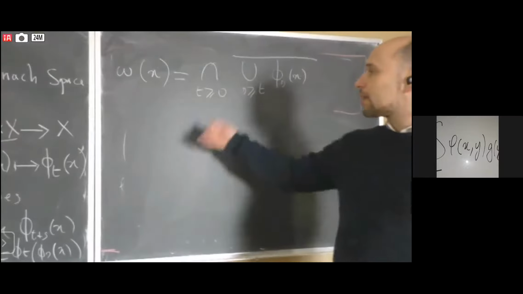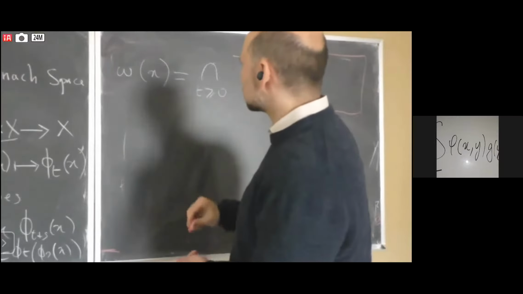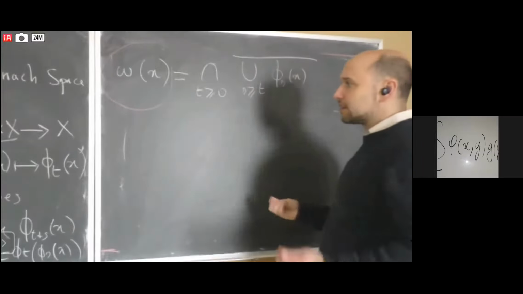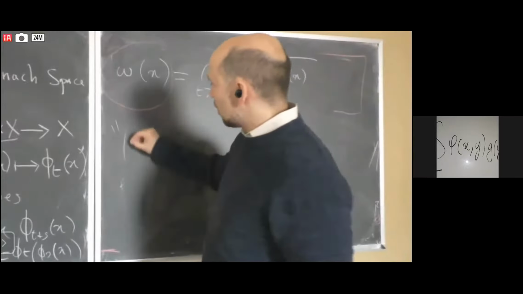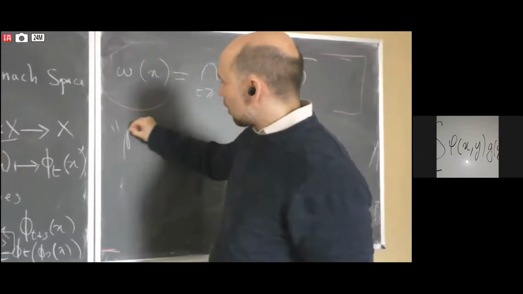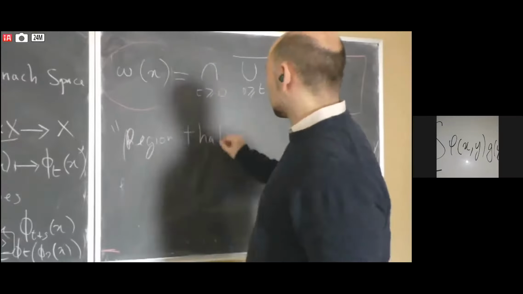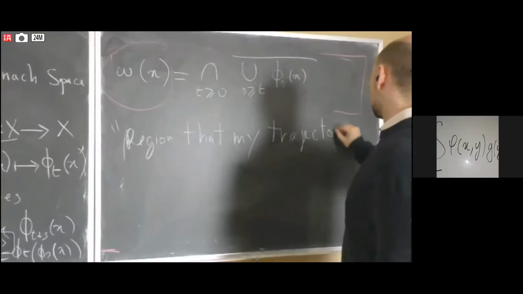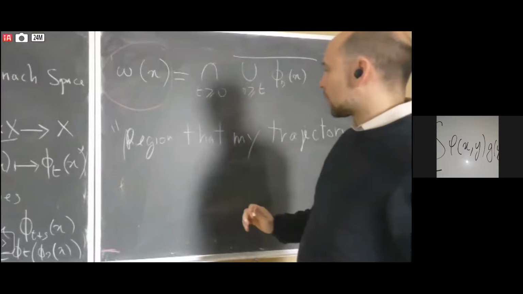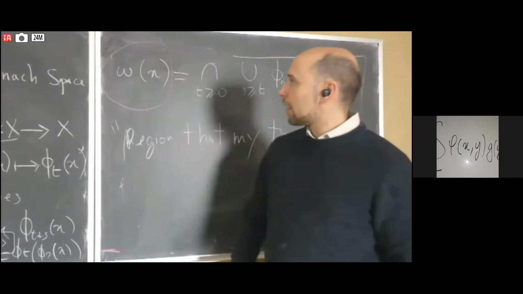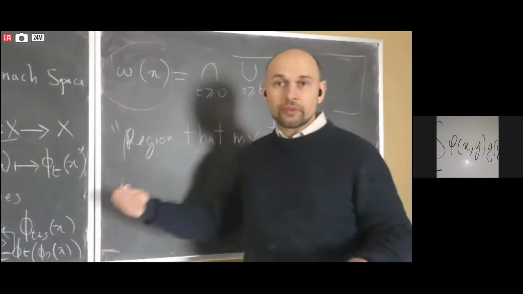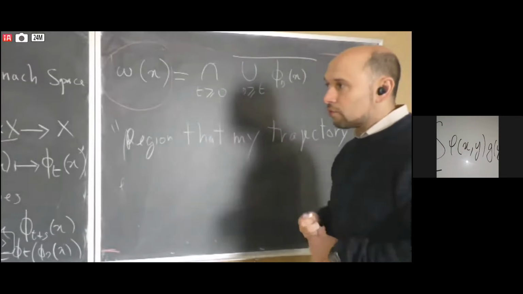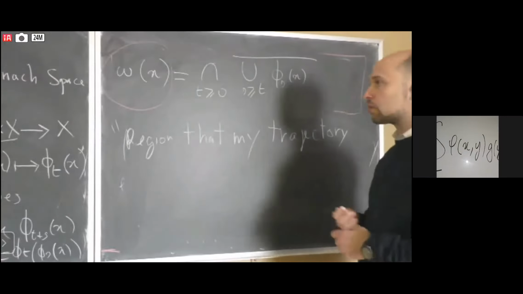And so what is that object here? What is the omega limit? It is the region that my trajectory, which is issued from x and associated with an evolution equation, here the solution of equation 1, visits asymptotically.